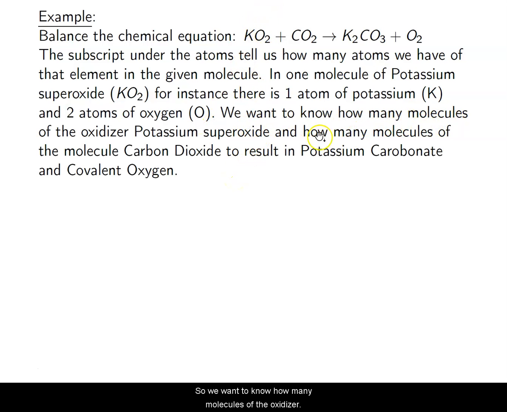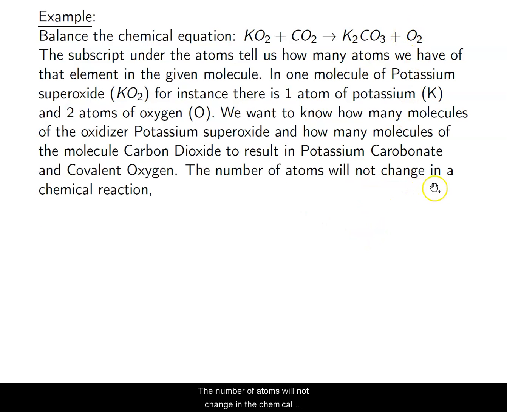So we want to know how many molecules of the oxidizer, that's this thing, the potassium superoxide, and how many molecules of carbon dioxide to result in potassium carbonate, that's this thing, and covalent oxygen, right? So it's 2 oxygens basically sharing an electron, so covalent oxygen.